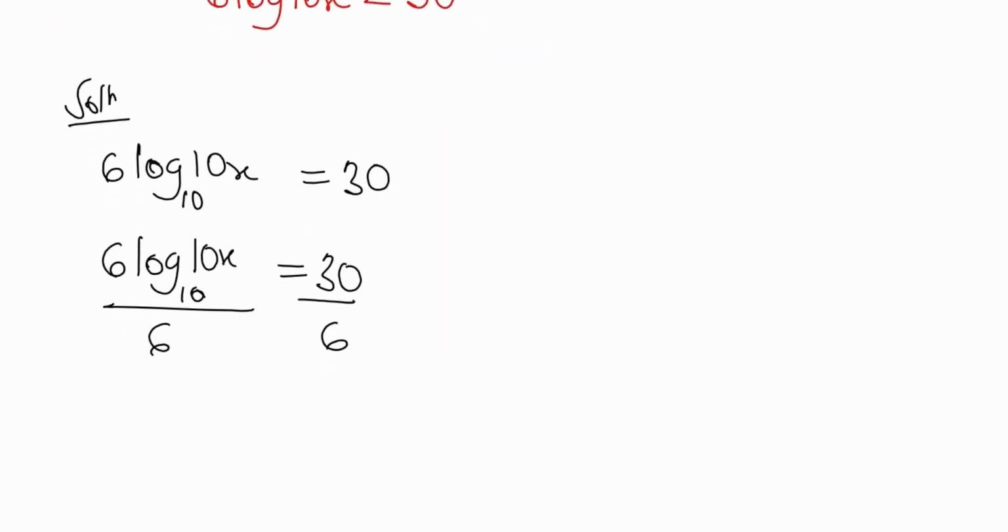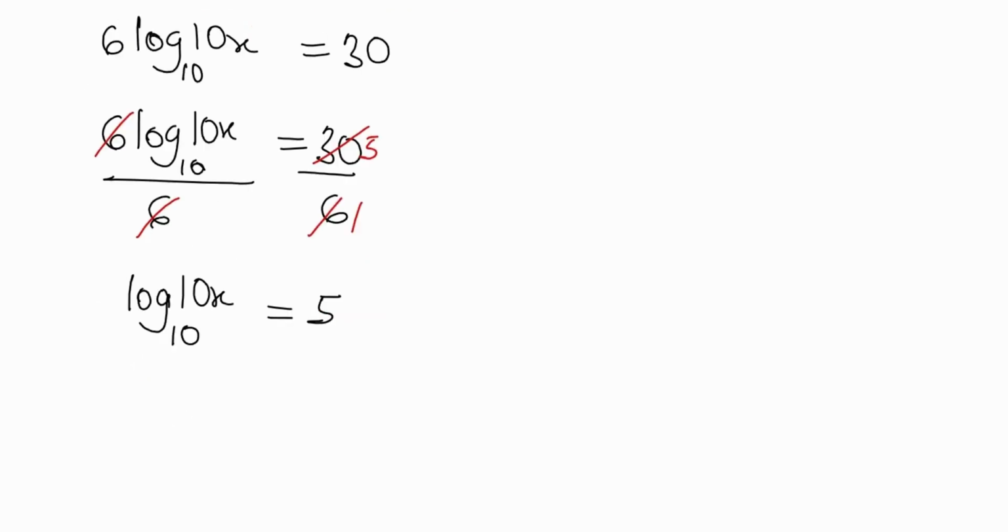This 6 is going to take away that 6, and we are left with log 10x base 10. And 6 goes into 30 5 times. So we are left with the logarithm of 10x base 10, which is equal to 5.